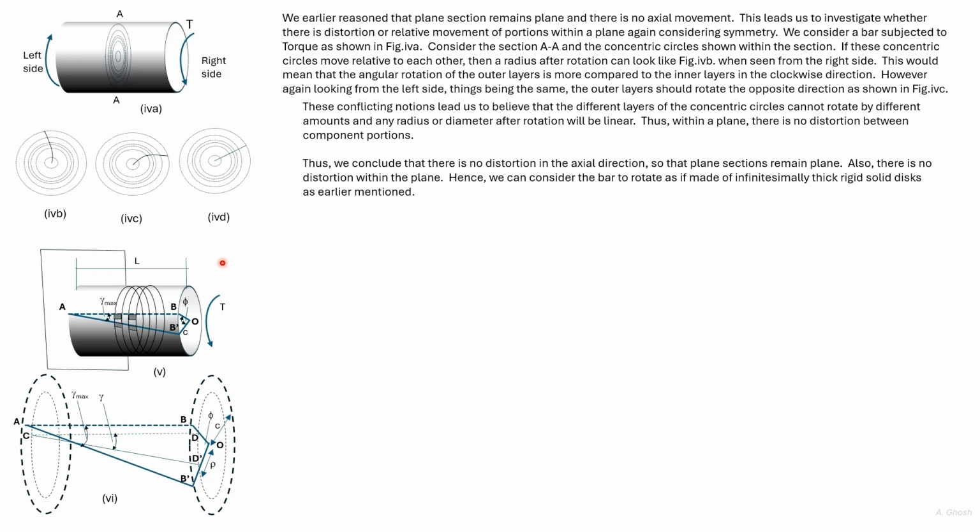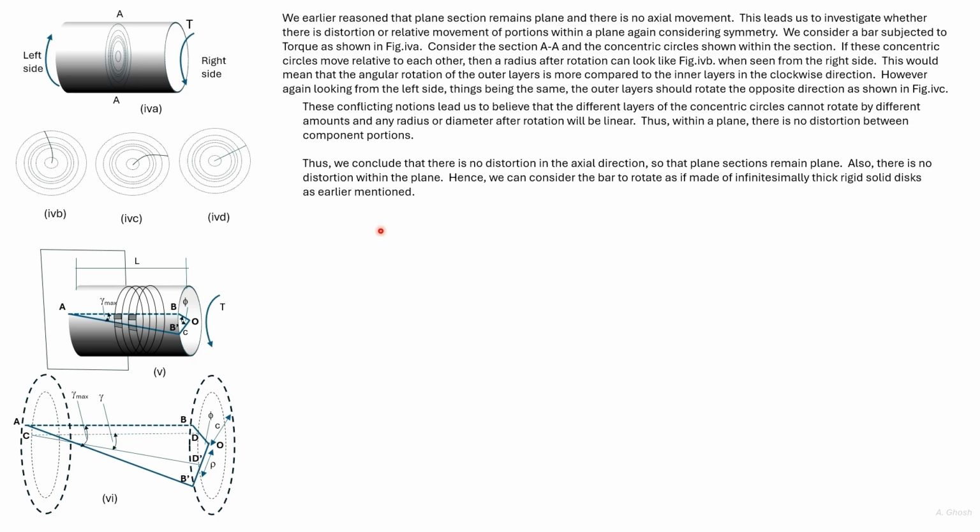We can consider this circular bar to be made of discs, each infinitesimally thick. Then the total rotation at the right end is a summation of the rotation of all the discs from the left end to the right end.